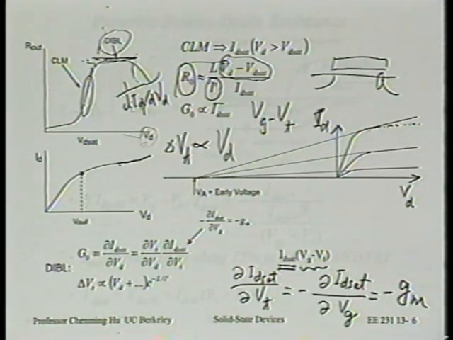It's a logarithmic function of Vd. Then we introduced this concept of output conductance and output resistance.